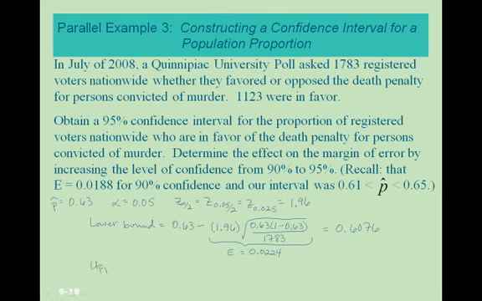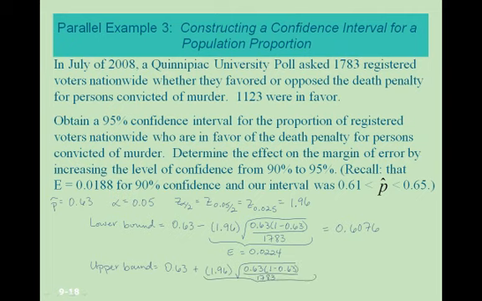Now let's look at the upper bound. We have our point estimate plus 1.96 now, times the square root of 0.63 times (1 minus 0.63) over 1783.